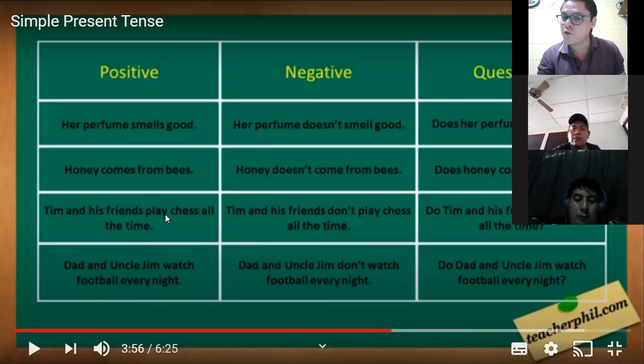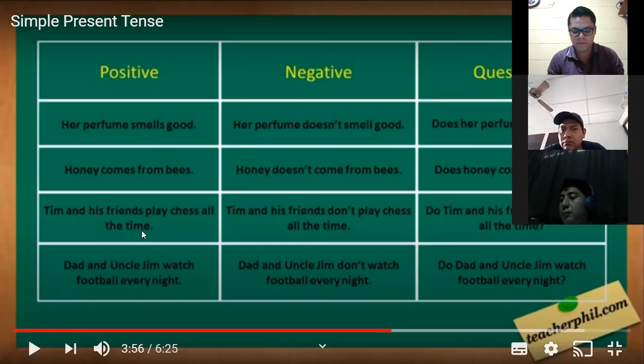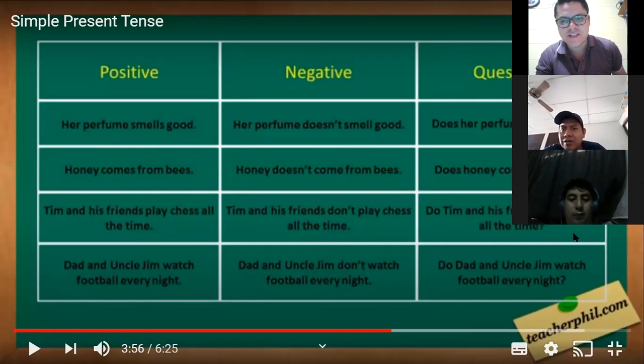That's why you don't add the letter S to the verb. Why? Because the subject pronoun here is they. What is the meaning of chess? Ajedrez. Yes. So Tim and his friends play chess all the time. Tim and his friends don't play chess all the time. Questions: do Tim and his friends play chess all the time?